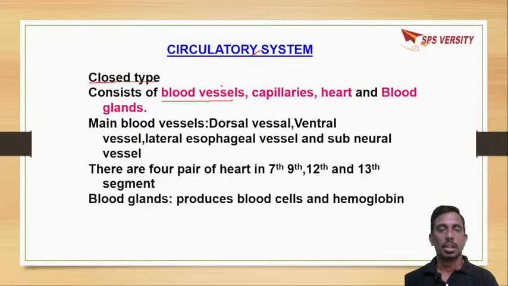There are two major blood vessels, the dorsal blood vessel and the ventral blood vessel, on the dorsal side and ventral side. They are connected by the lateral esophageal vessel and subneural vessel. There are 4 pairs of hearts in the 7th, 9th, 12th and 13th segments. Blood glands are present which will produce blood cells and hemoglobin.